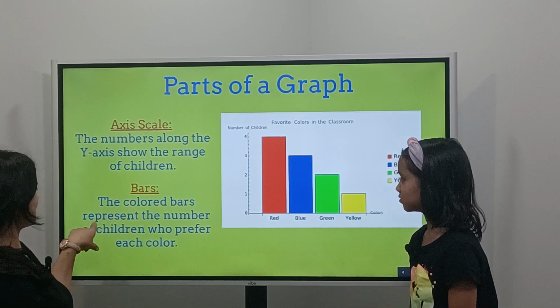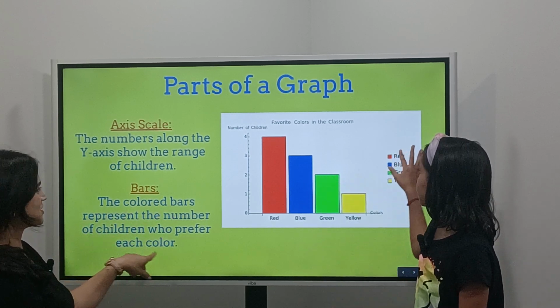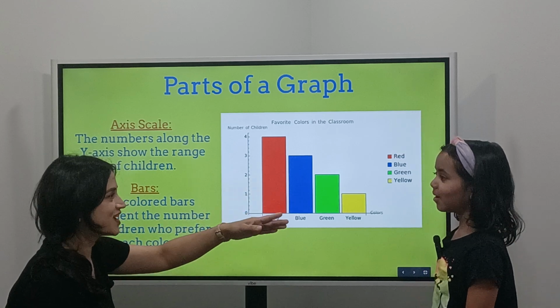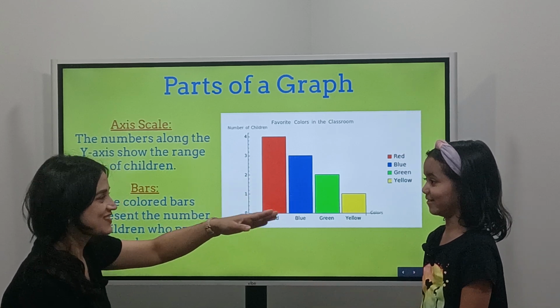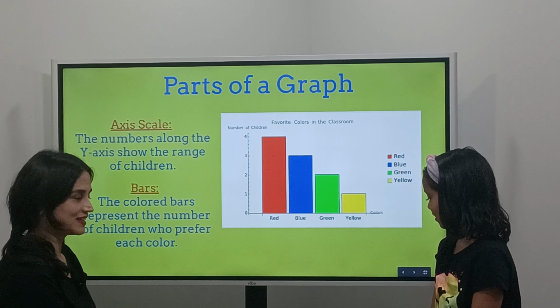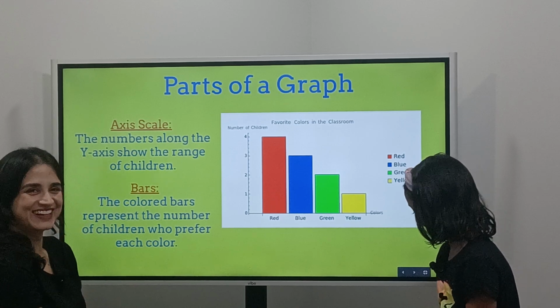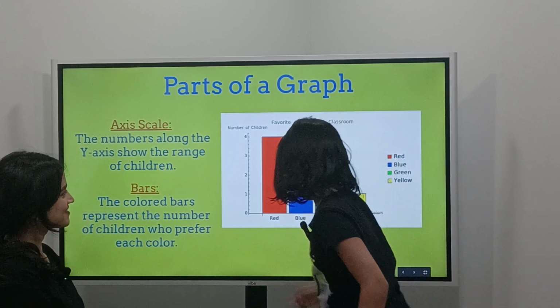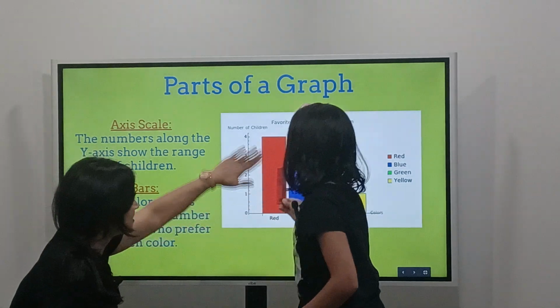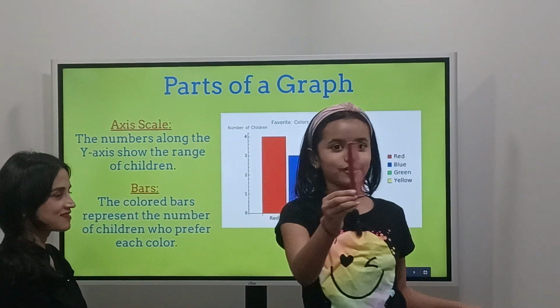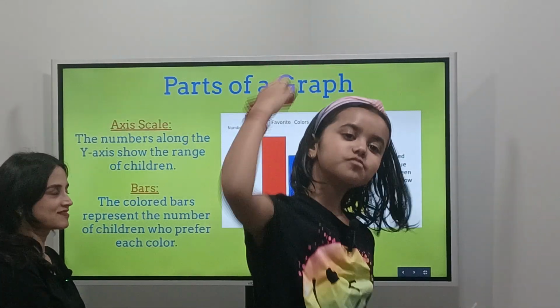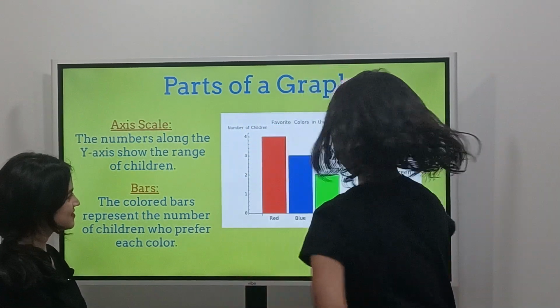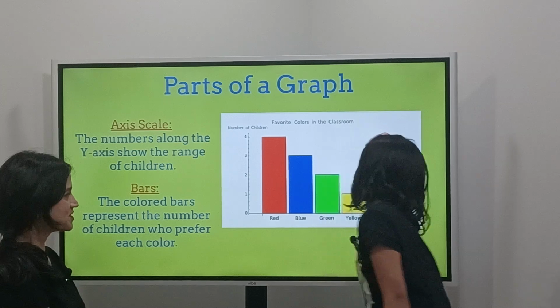The colored bars represent the number of children who prefer each color. These are not bars. Those are squares. I did it wrong. Sorry. I could show you a bar that looks like a bar. The bar is this. Look, this kind of looks like a bar. Oops, that was my mistake.